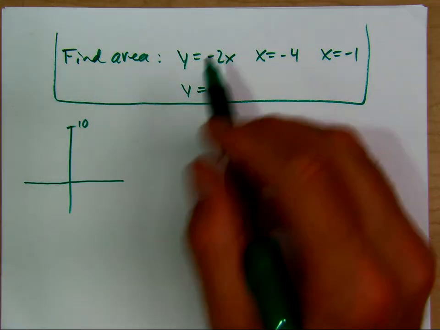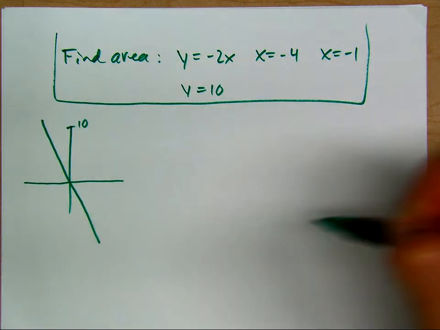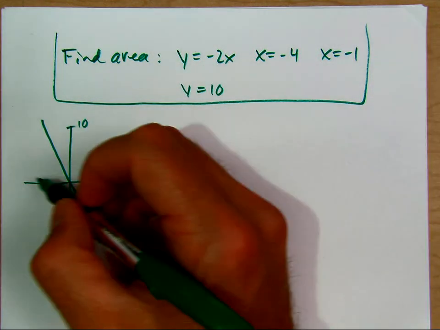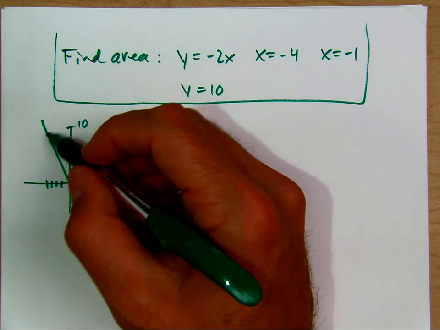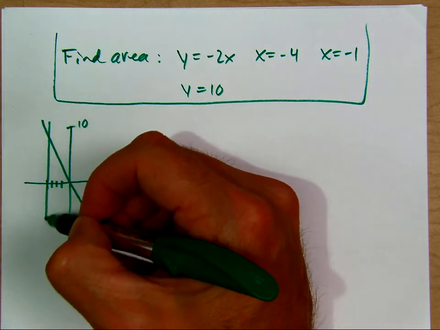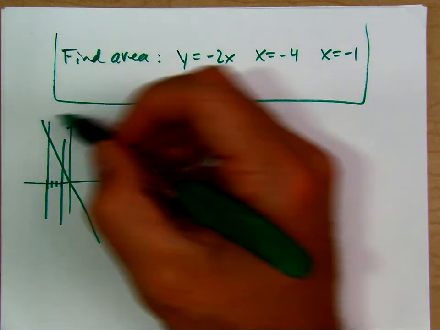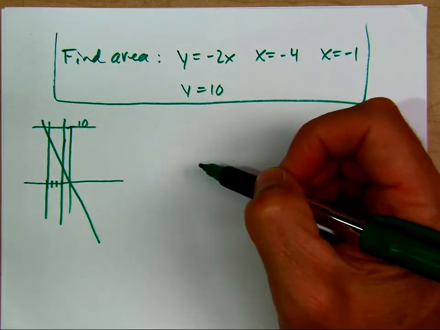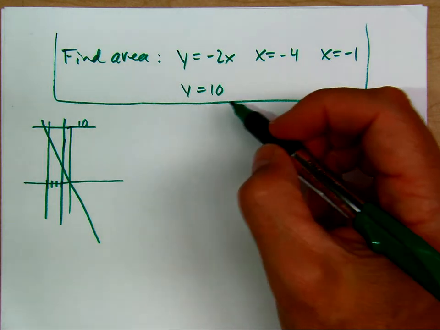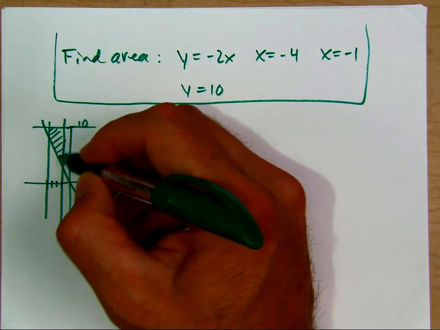We have negative 2x, x equals negative 4, x equals negative 1, and y equals 10. So we want the region bounded by all of these lines. We have 4 lines, 1, 2, 3, 4, so it's going to be that region.